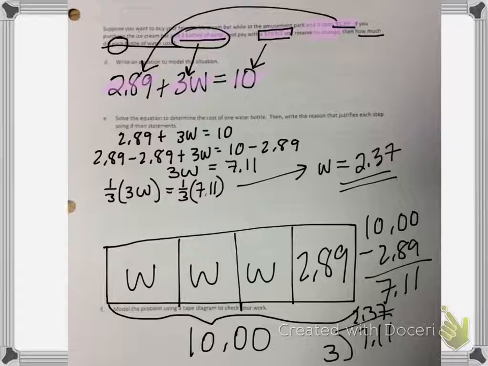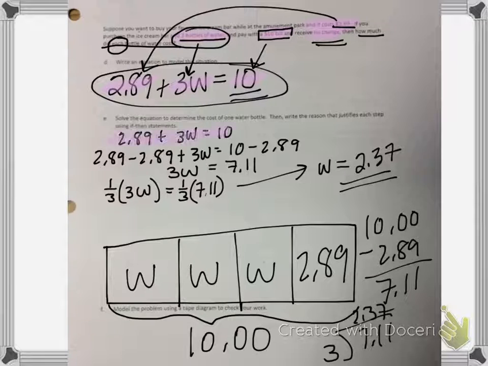Now there may be a time where there will be some change, and that would add another little twist to the problem. But for our case, that's going to cost even $10. So that's what we start off with. That's our equation. And next the steps are very similar to what we've done before.